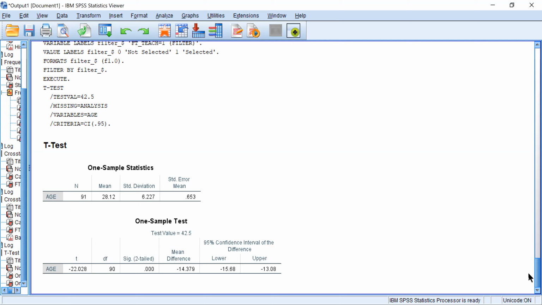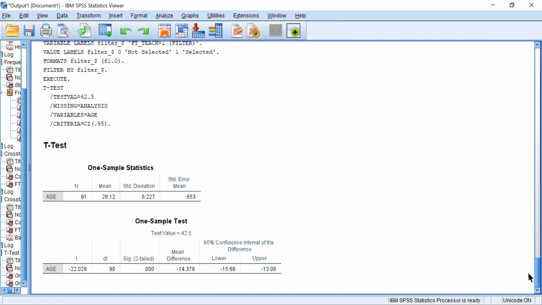But if you had something that was kind of higher stakes for demonstrating representativeness, what you would say is that the average age for the teachers in the sample (mean equals 28, SD equals 6.23, you can report to 2 significant digits if you want to) was less than the population average for New York State teachers, according to the National Center for Education Statistics, which had a mean of 42.5, and the difference was statistically significant.